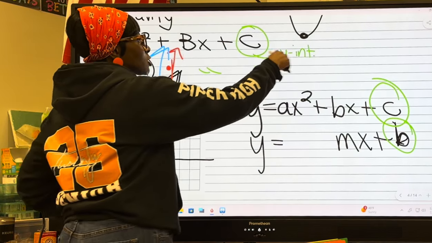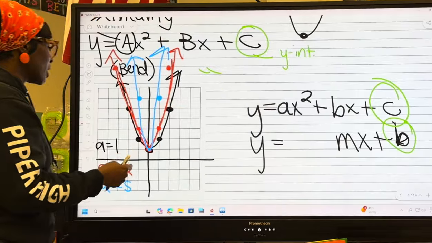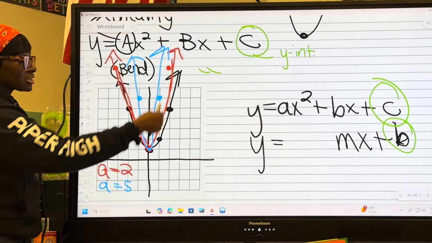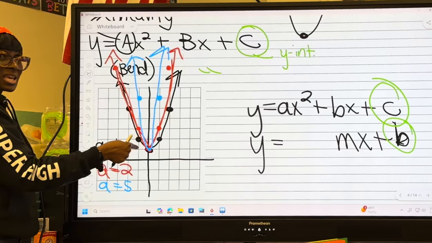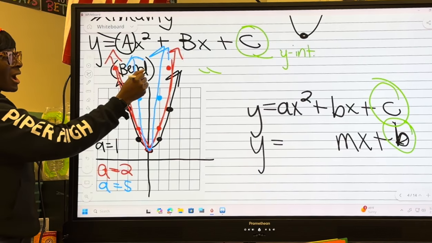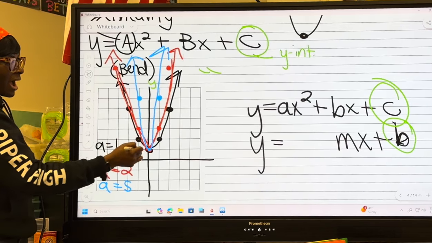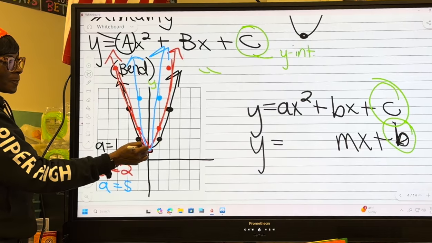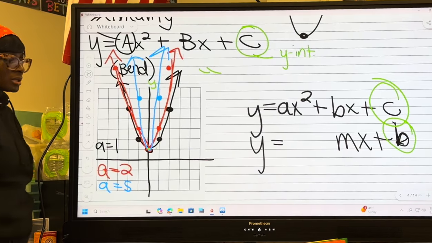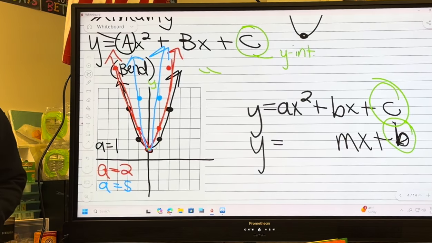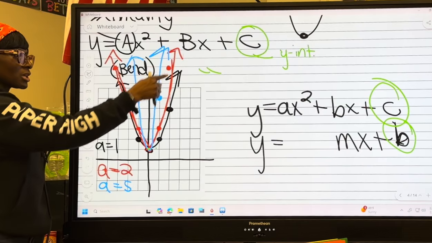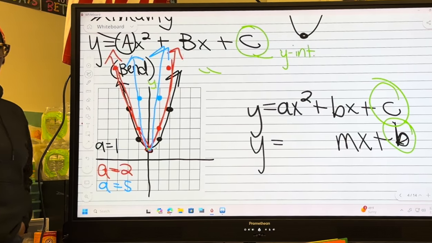Now, so this tells me my y-intercept. It's going to tell me where my parabola crosses the y-axis. In this case, this is the y-axis. This one crosses the y-axis at, what's this point? 1? At 1. Are y'all following? So this parabola has a y-intercept of 1.